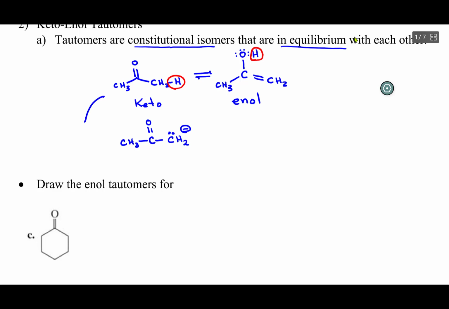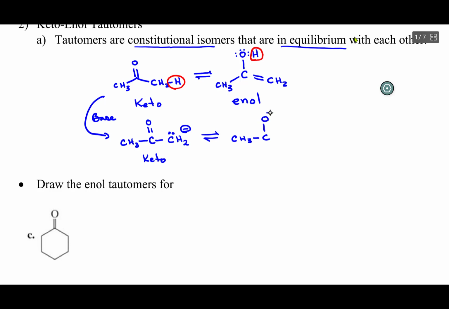So from here to here, we had a base, and the base removed the hydrogen. This is known also as a keto form, because it has the ketone functional group in it. But on the other end, we end up with this. And this is known as the enolate form.